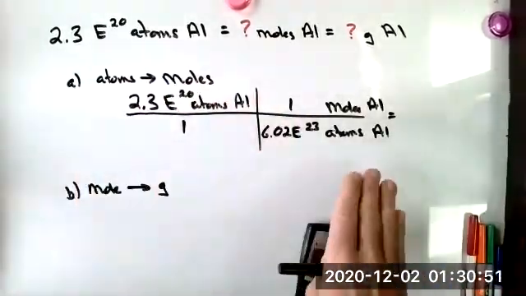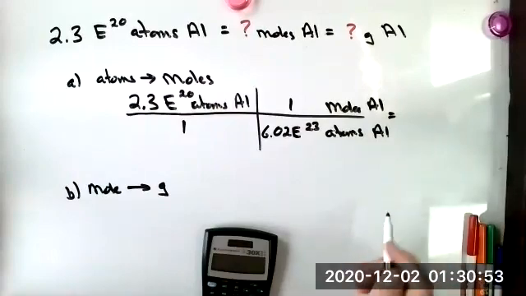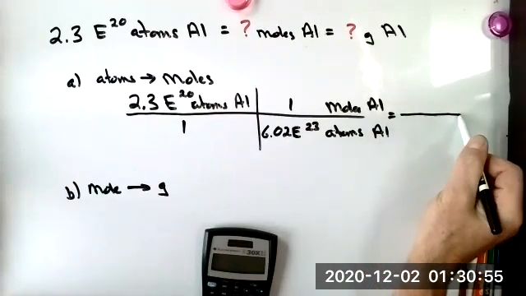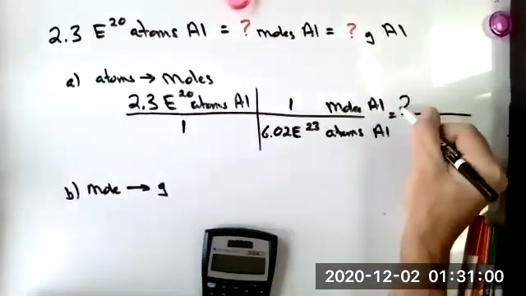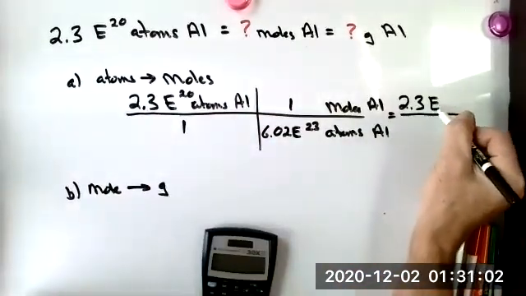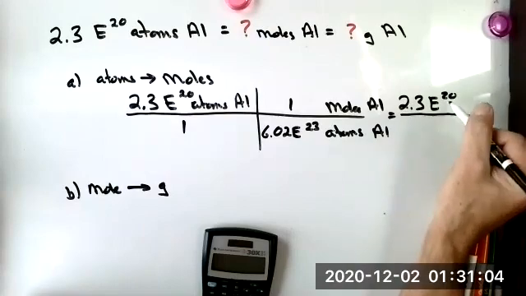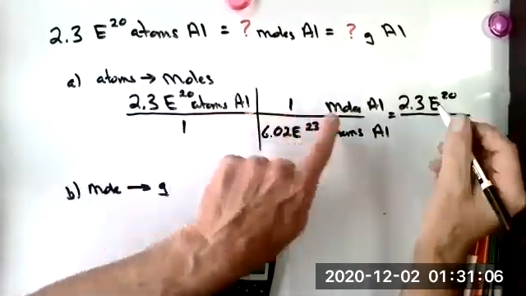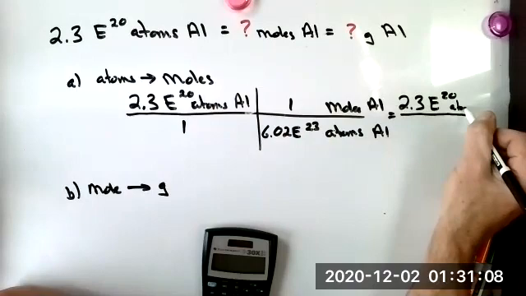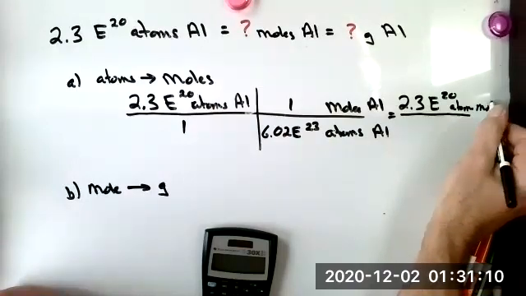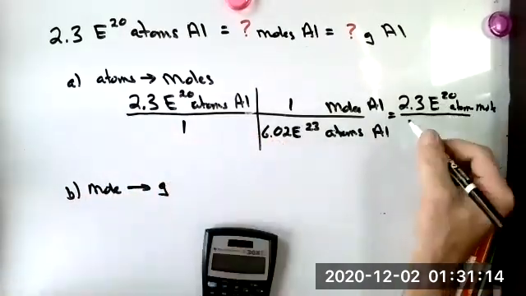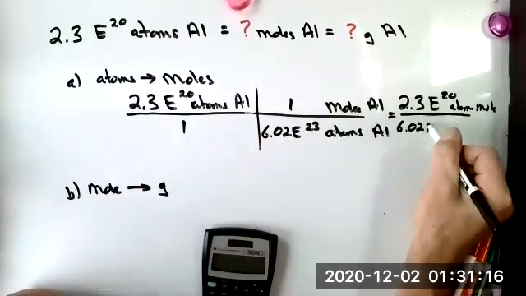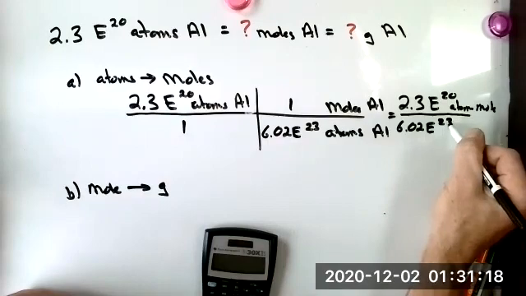Tops, bottoms. Let me multiply the tops and bottoms. Yeah, this one is very easy. Well, that times 1 is still 2.3 e to the 20th. Atom times mole, well, that's atom mole. Those two survive. The bottom, look at this. 1 times 6.02 is still 6.02.